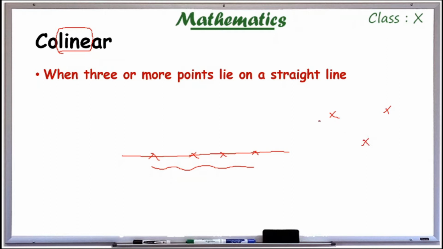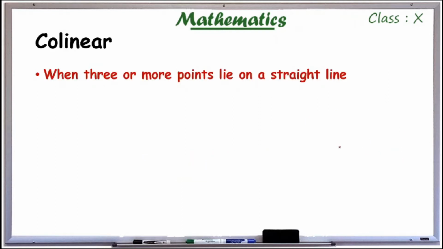These points are not collinear because we cannot draw a line connecting these 3 points. So this point is out of coverage. That's why we are saying that. So 3 or more points are said to be collinear if they are on the same line. So from the name itself we can identify the property: same line.